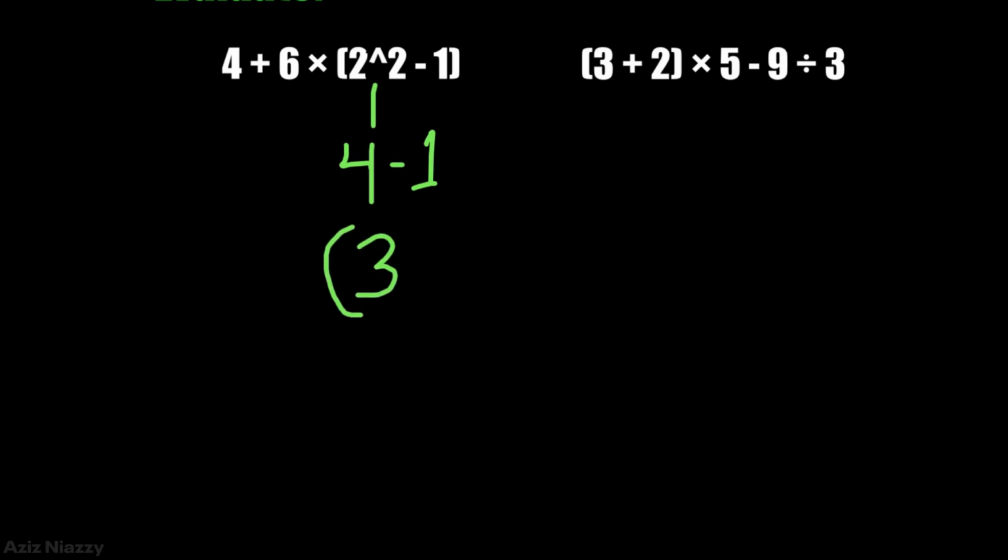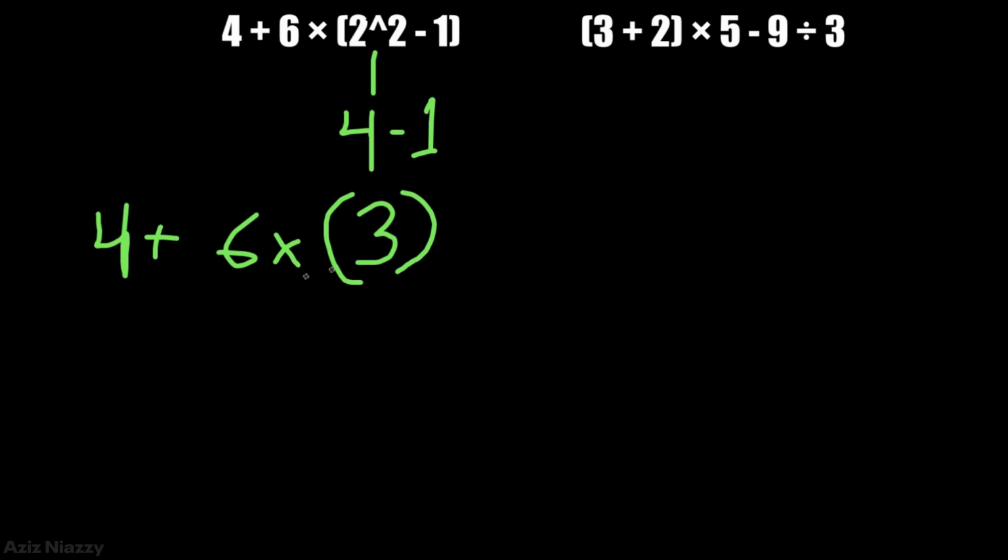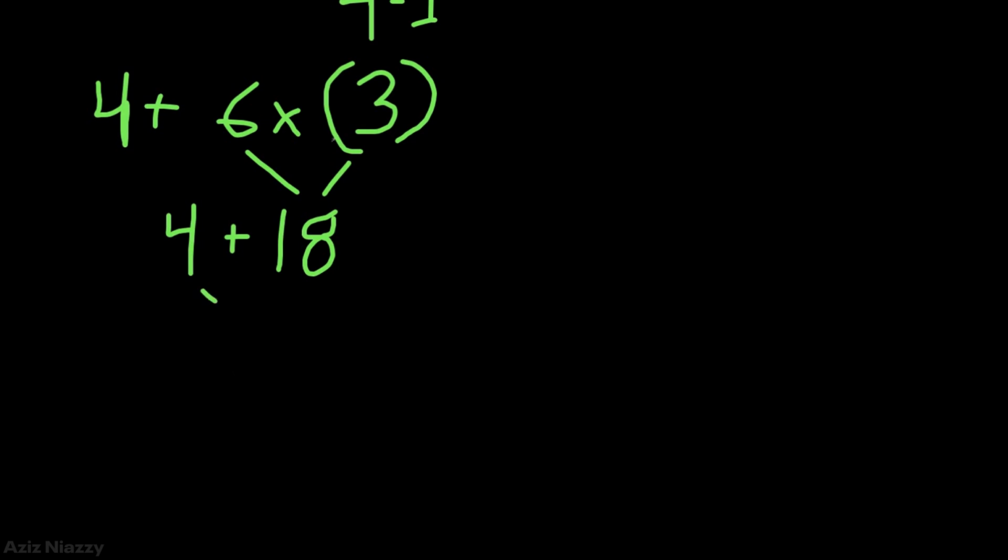So now we've got 6 times 3 plus 4. So next thing we're going to do is multiplication. So 6 times 3 is 18. And now we get the problem 4 plus 18, which is going to be 22. So the final answer is 22.